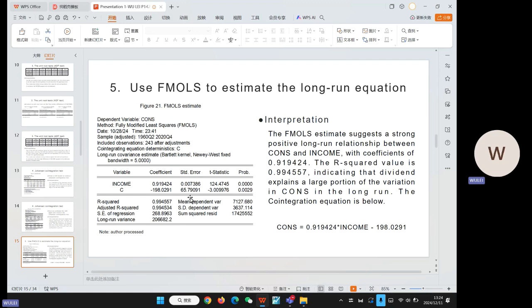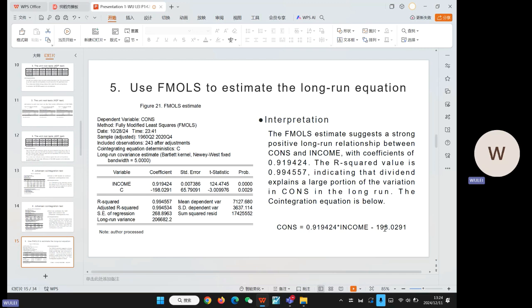The fifth step is using FMOLS to estimate the long-run equation. The FMOLS results are shown on the left side. The FMOLS estimate suggests a strong positive long-run relationship between cons and income.